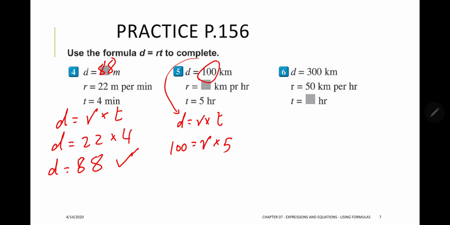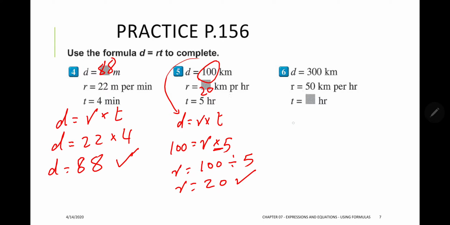Now it's an equation. To solve that, we need to use inverse operation. So R is equal to 100. The inverse of multiply is divide, so we're going to divide by 5. So 100 divided by 5 is equal to 20, and the result is 20.